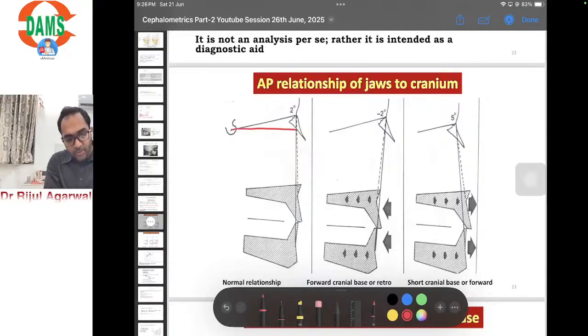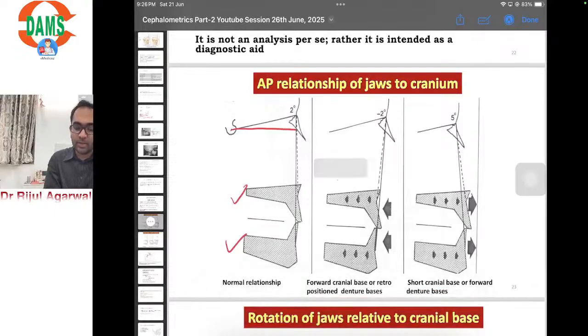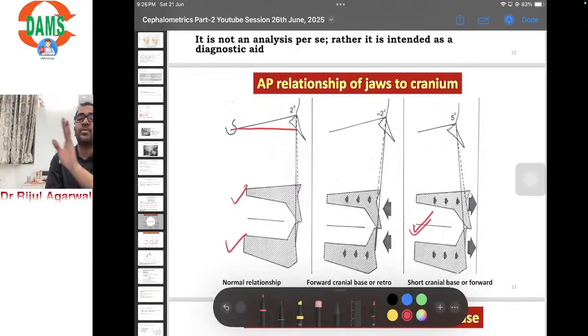Relative to the cranium, the maxillary and the mandibular bases will go back, and supposedly if the head is inclined upwards, what will happen? The maxillary and mandibular bases will go forward. So your diagnosis will change.